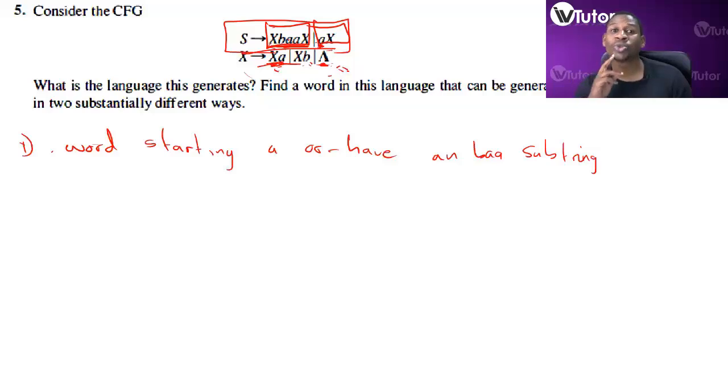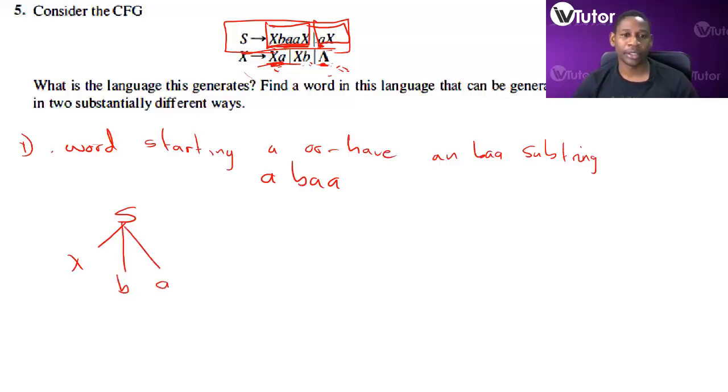So we want to have 2 different tree diagrams, right? So let's find ABAA. Okay. So let's start with S. We go to X, B, A, X, right?